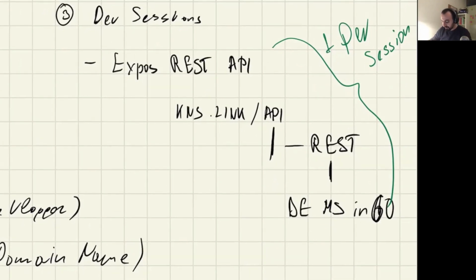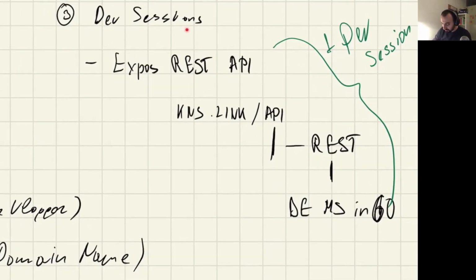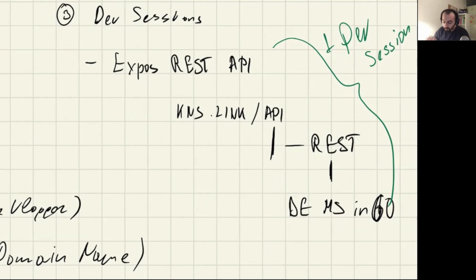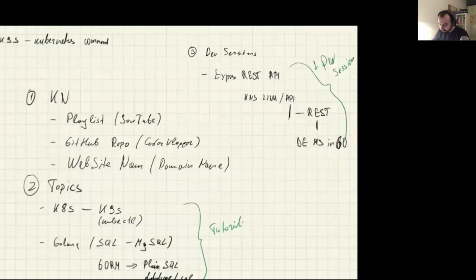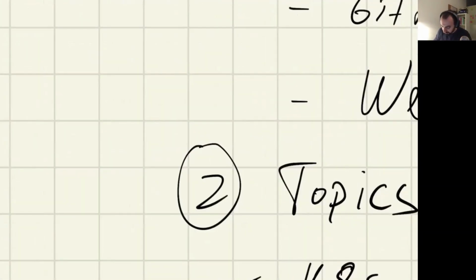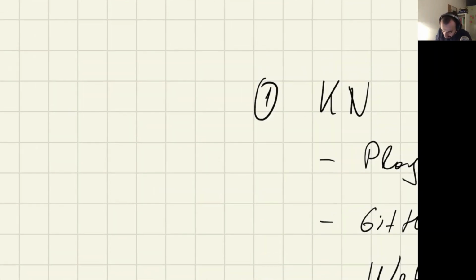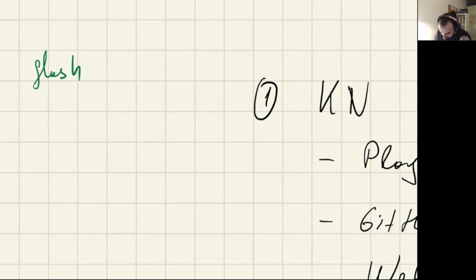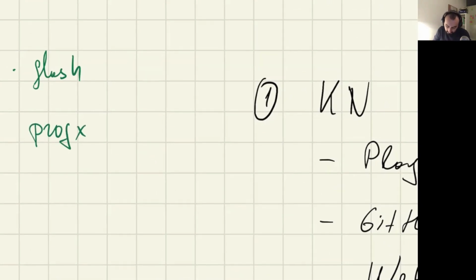This story that you see here is about one microservice. But this KN project consists, for now, of two microservices. First, I call it Flash, and the second one is called ProfX. Again, for more information, please check the previous video.